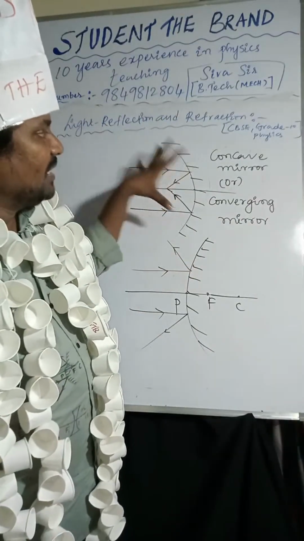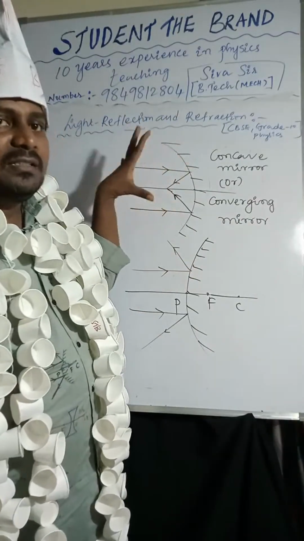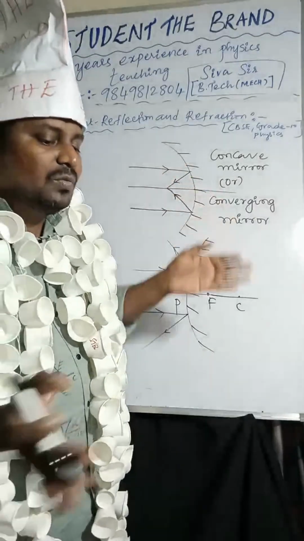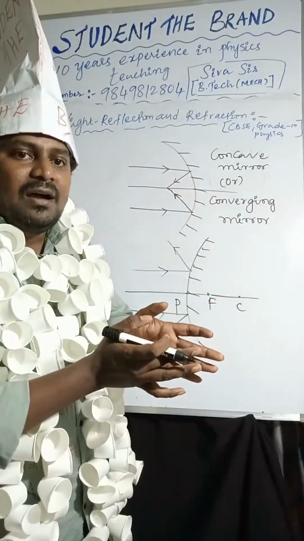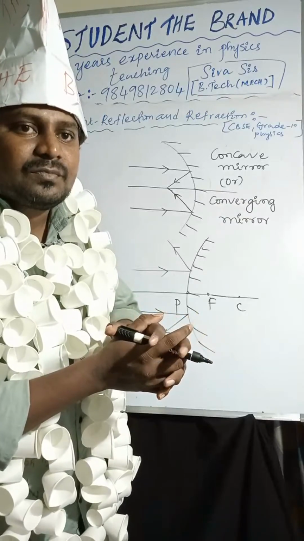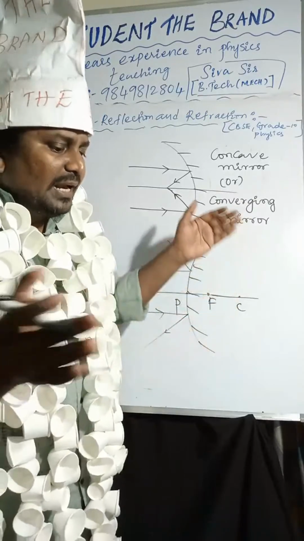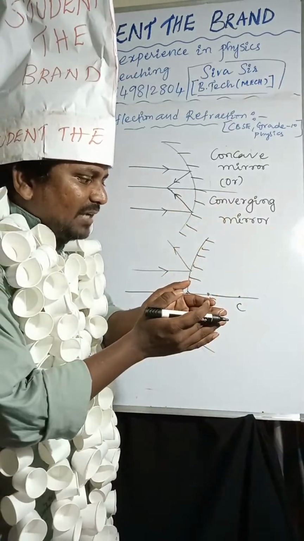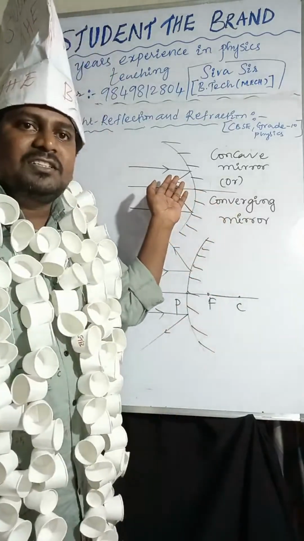Here, after incidence, light rays will move towards the principal axis, so it is called converging mirror.